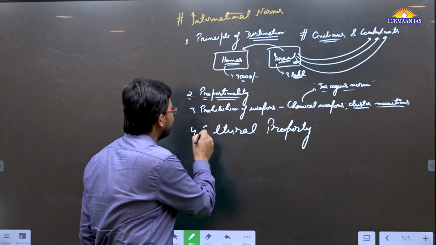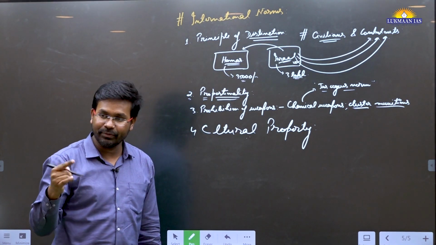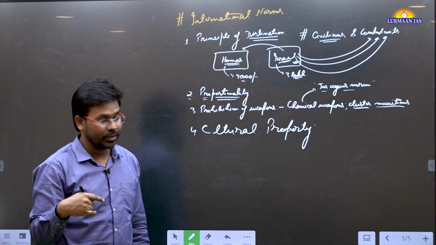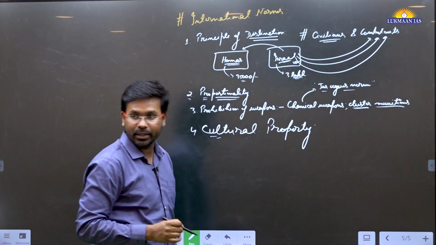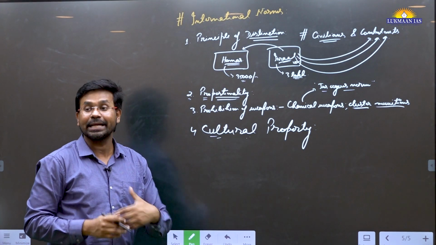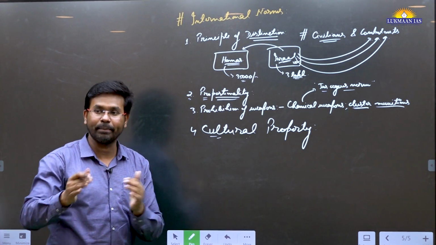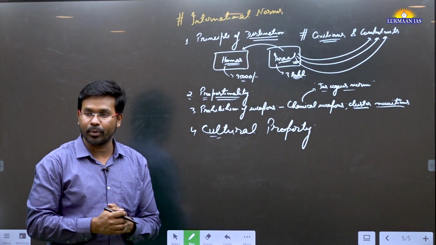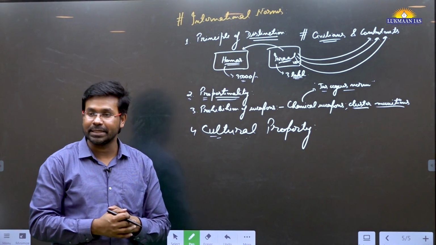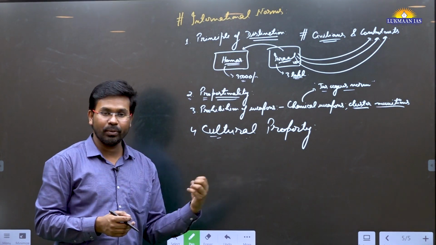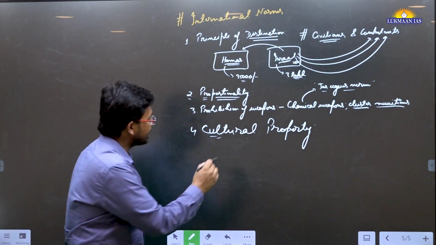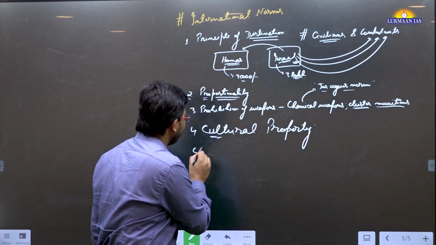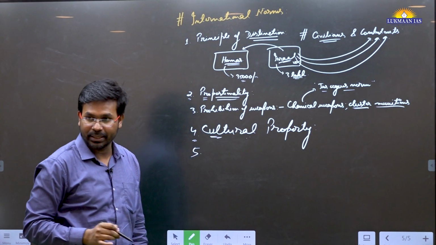If we talk about the theater of warfare, it is the Gaza Strip. But in the Gaza Strip, there can be cultural properties also. There are conventions that prohibit the warring parties from damaging cultural property, because cultural properties are considered to be the inheritance of the larger humanity. So they said cultural property should not be damaged.